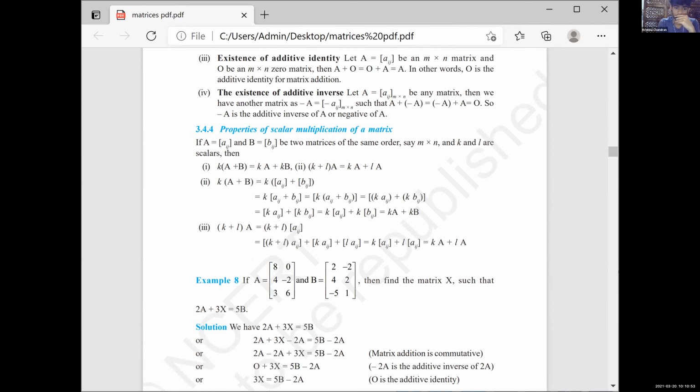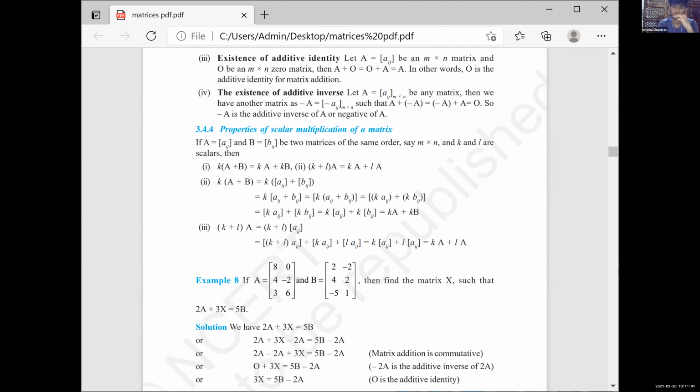If A equal to Aij and B equal to Bij are two matrices of the same order, say m by n, and k and l are scalars, then k into A plus B equals k into A plus k into B. k plus l into A equals k into A plus l into A.